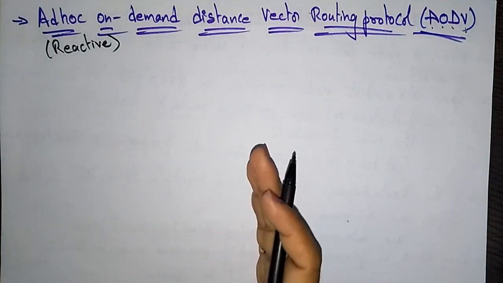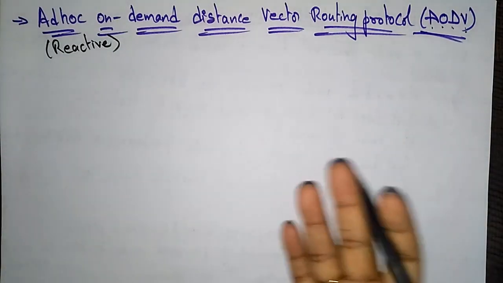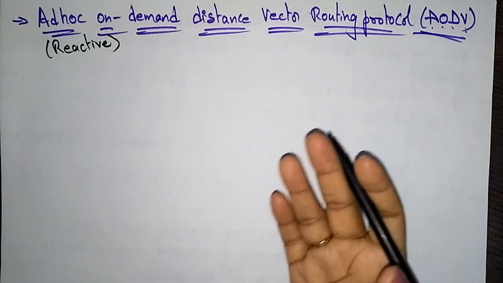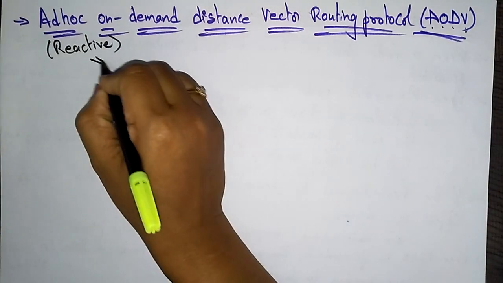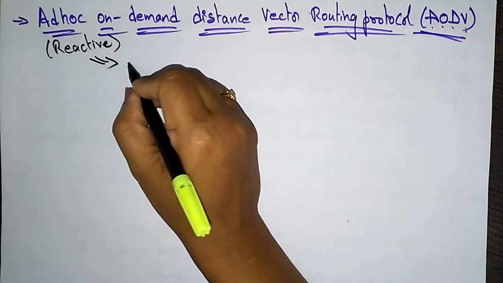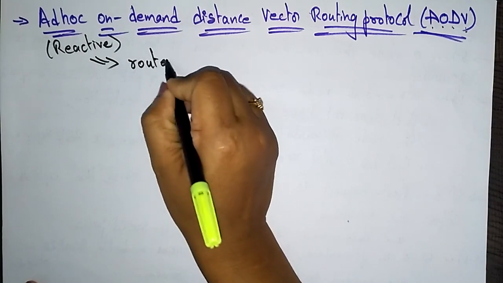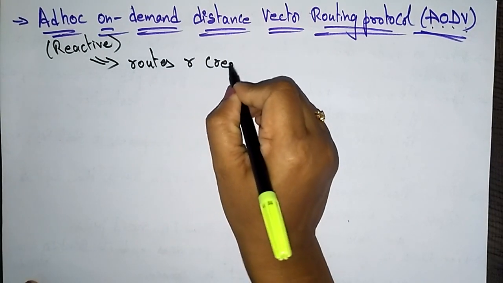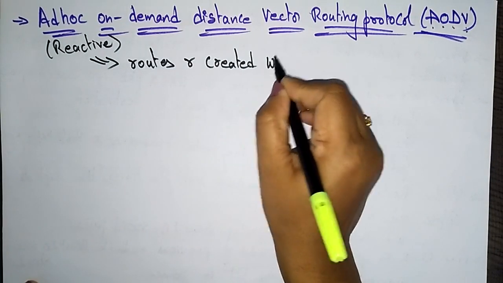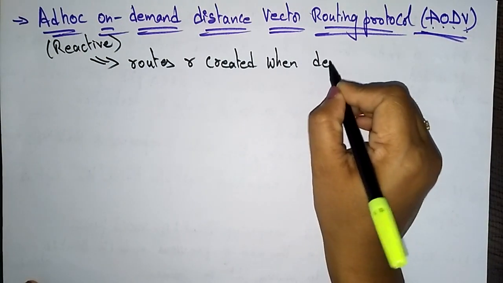Here, reactive means the routes are created when needed. That's why we call it on-demand. Routes are created on demand.